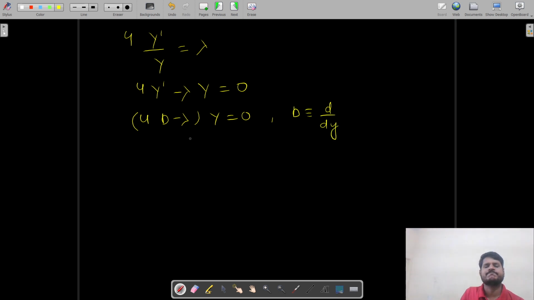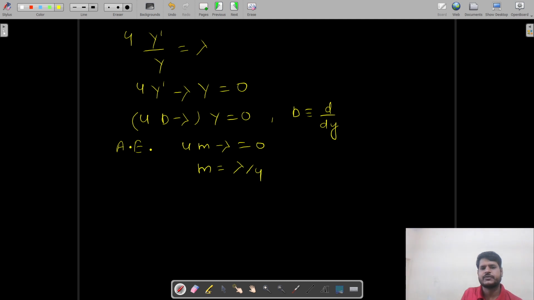Now in this case the auxiliary equation will be 4m minus lambda equal to 0. So m equal to lambda upon 4.